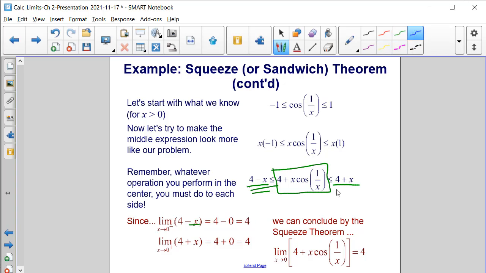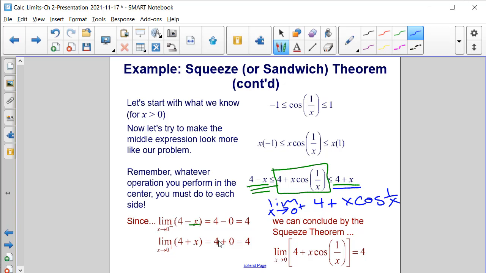We can also do the same thing with the right-hand side. We have a 4 plus x. So if we are finding the limit as x approaches 0 from the right of 4 plus x cosine of 1 over x, we can use direct substitution with our expression to the right here, 4 plus x.